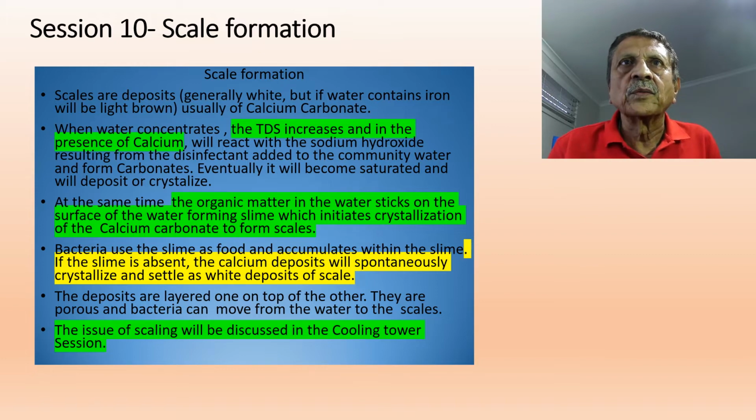It will react with the sodium hydroxide resulting from the disinfectant added to the community water and therefore form insoluble carbonates. Eventually, it will become saturated and it will deposit or crystallize as scales.